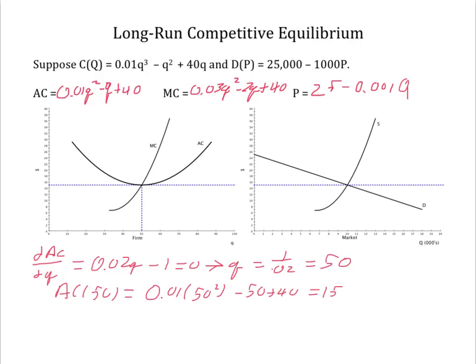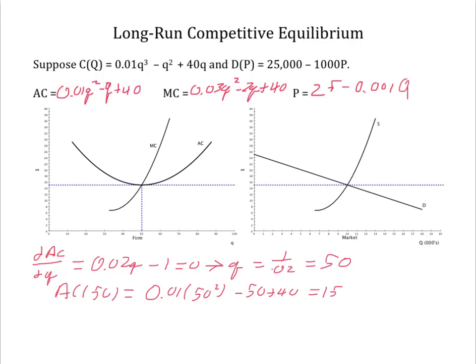Since there is a single level of output that minimizes average cost for each firm, we can identify how many typical firms can coexist in equilibrium. That is, how many firms, each producing 50 units of output, would be needed to meet market demand at a price of 15.